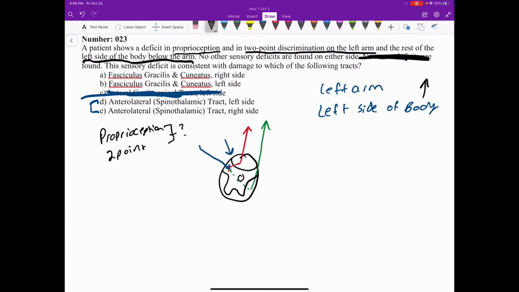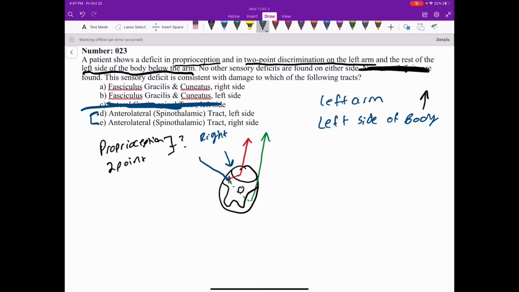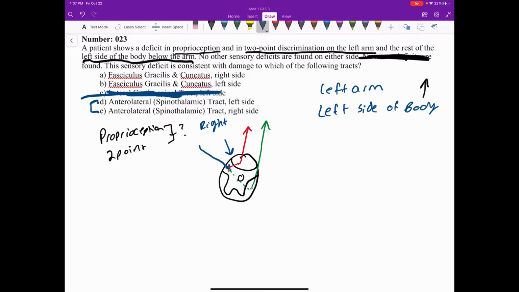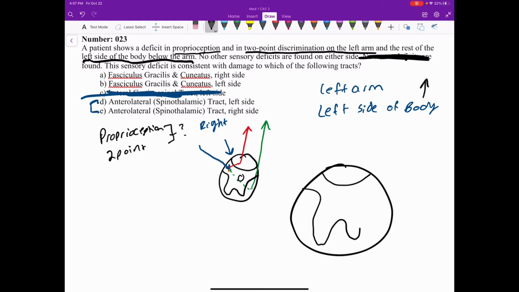Okay, so now what do we do? We keep going through our process of breaking things down, and what do we see? Left arm, left side of the body. So if it's coming from where? This would be the right side, right? So we could redraw our picture and have it come from the left side, because we're looking at the patient, not at ourselves.